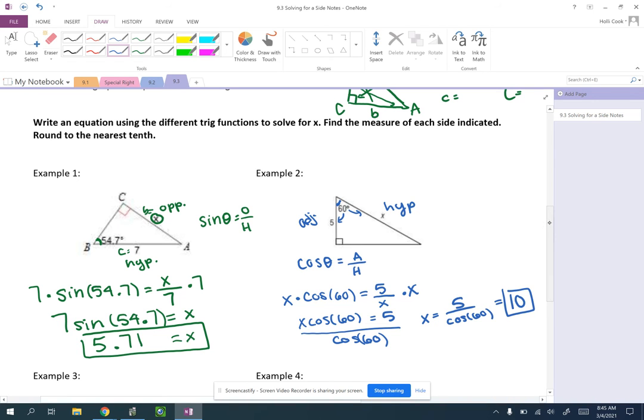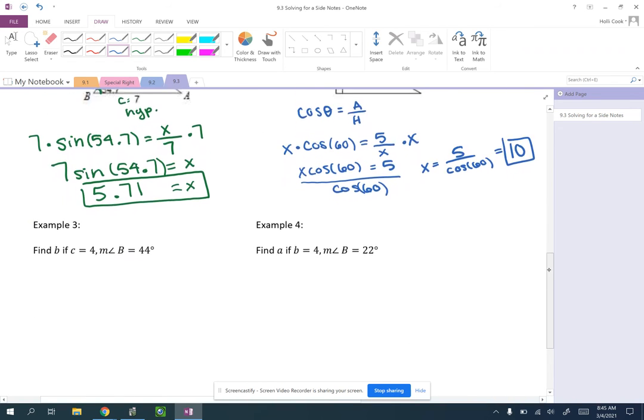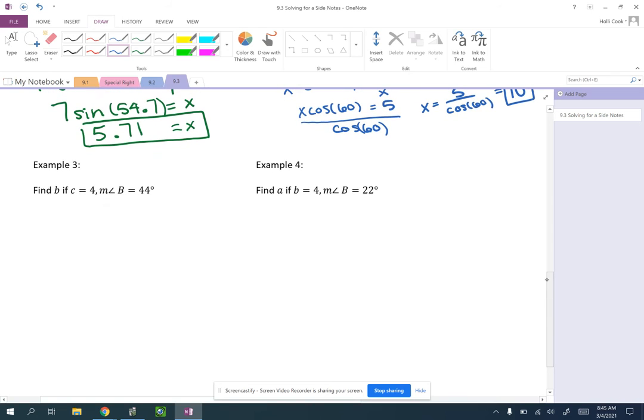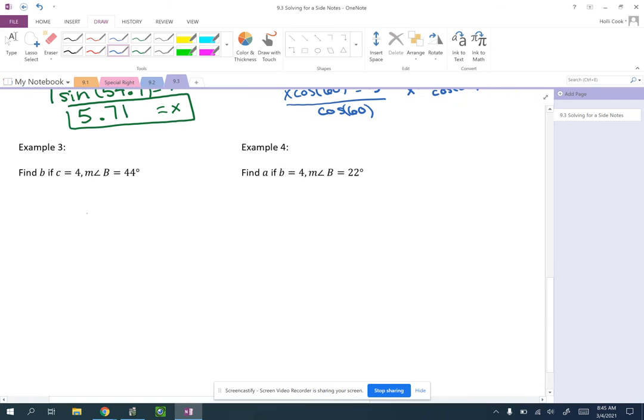Okay, so on examples 3 and 4, we have to draw our own triangles. So remember, our angles, the capital letters are opposite your sides. So if we draw a right triangle, we know C is 4. Remember, C is always your hypotenuse.